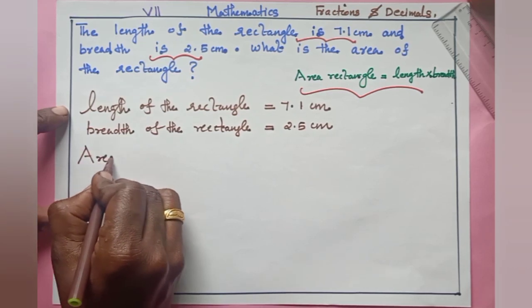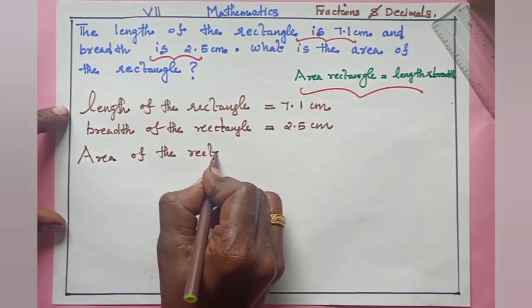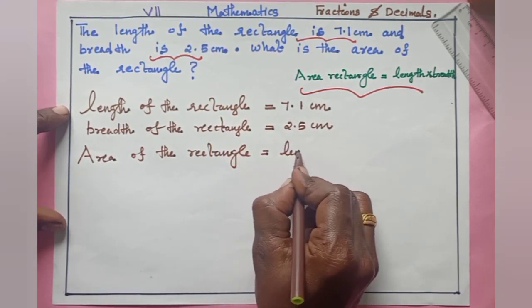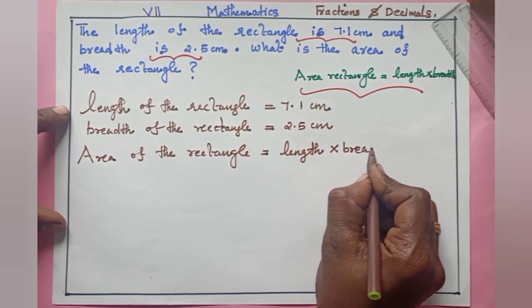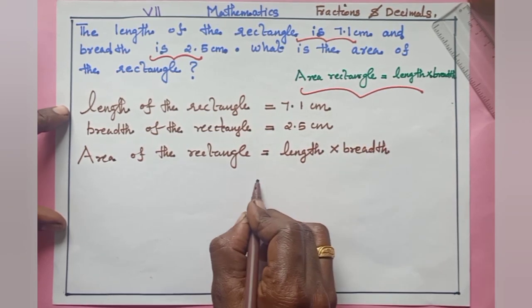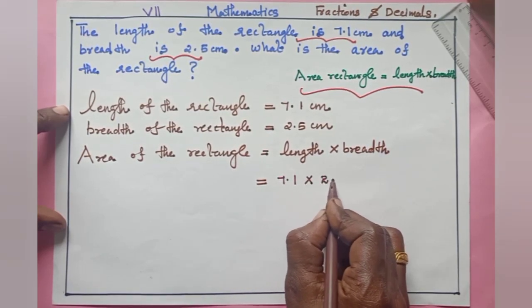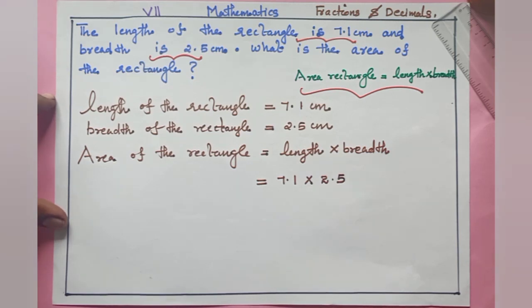Then area of the rectangle equals length into breadth, equal to 7.1 centimeter into 2.5 centimeter.